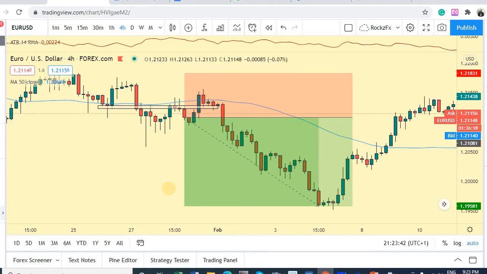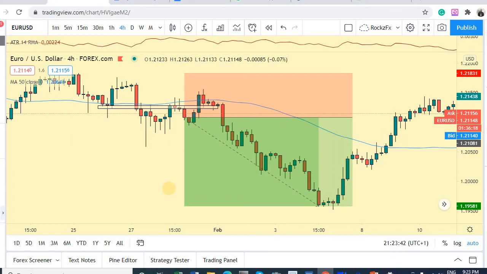Some traders have what we call fixed stop losses. For example, if they are trading on the daily time frame, they may want to use a 100 pips stop loss. If they are trading on the 5 minutes time frame, they may want to use something like 5 pips stop loss. These are fixed according to them.